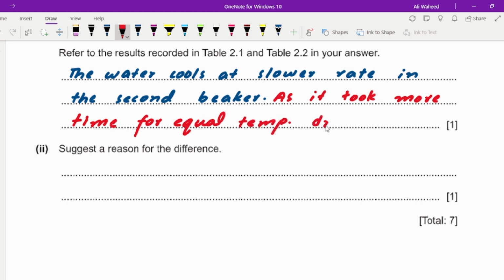Once again, equal to what, or compared to what? Compared to the water in the first container.